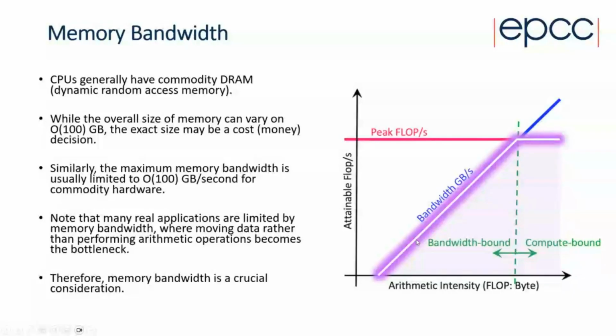That would move this diagonal bandwidth bar up, and not be as limited by bandwidth, or move the point at which you're limited by bandwidth up, therefore allowing you to get improved performance. And this can be quite impressive. So memory bandwidth is a crucial consideration, which often people don't think of as being a limitation. So profile your codes.